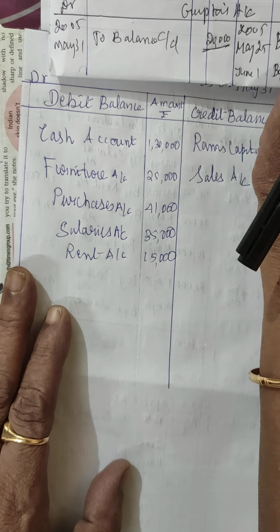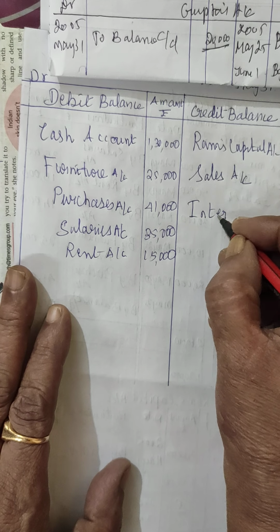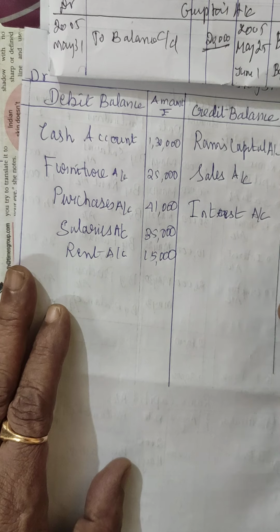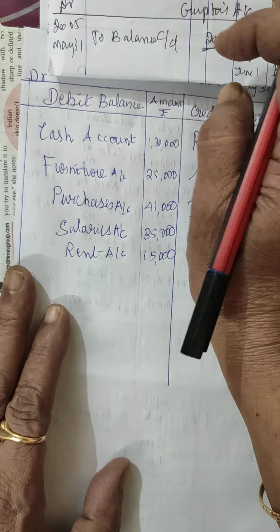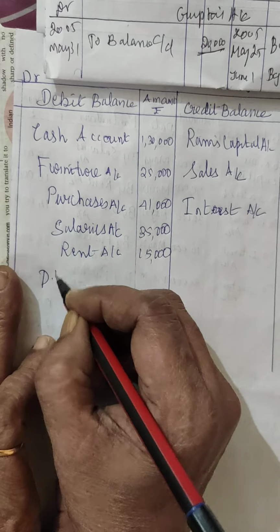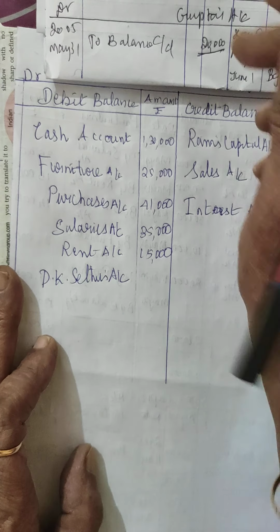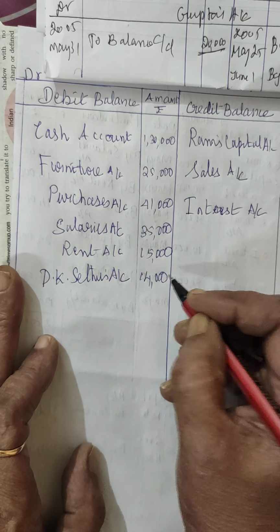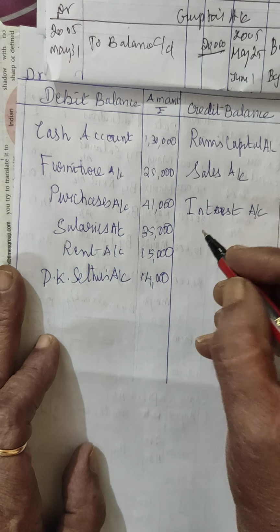Interest account is credited by 10,000. Interest is the income received by the business. So interest account is 10,000. Then comes DK Sethu's account. DK Sethu's account is debited by 14,000. Then Gupta's account. Gupta's account is credited by 20,000.